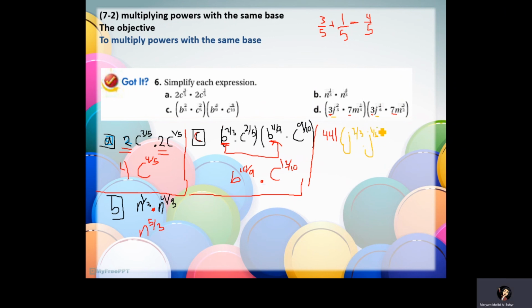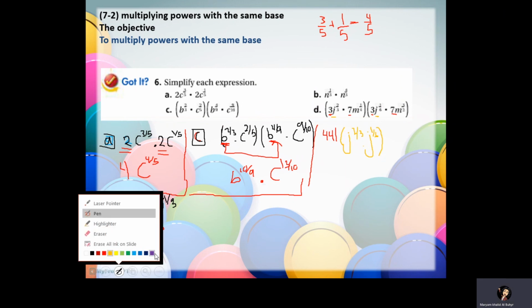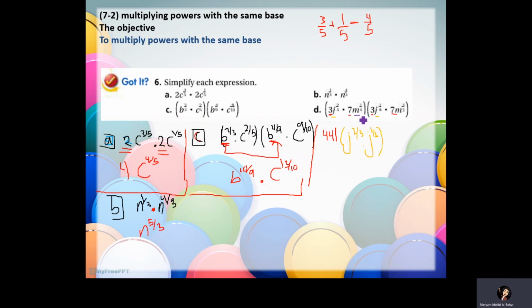Let me change the color for you. So m and m here. So that will be m to the power 1/4 times m to the power 3/2.